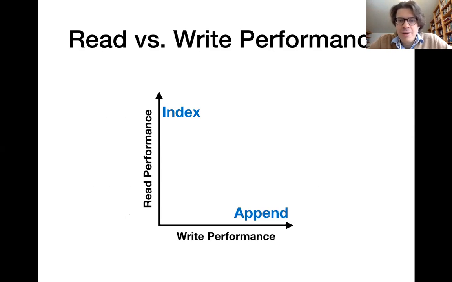All right. So now we have seen two possibilities of dealing with data insertions. If I want to optimize for write performance, I can just append data sequentially, but then it's pretty bad for reads. If I want to optimize for read performance, I might want to maintain an index data structure, but then insertions are pretty expensive.